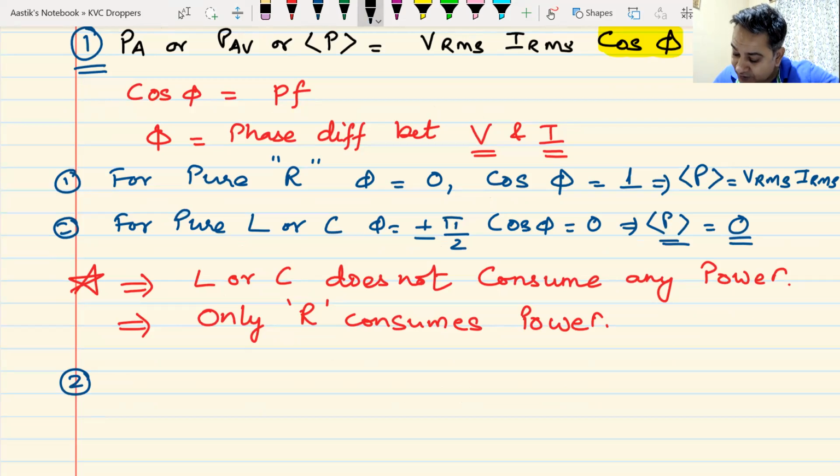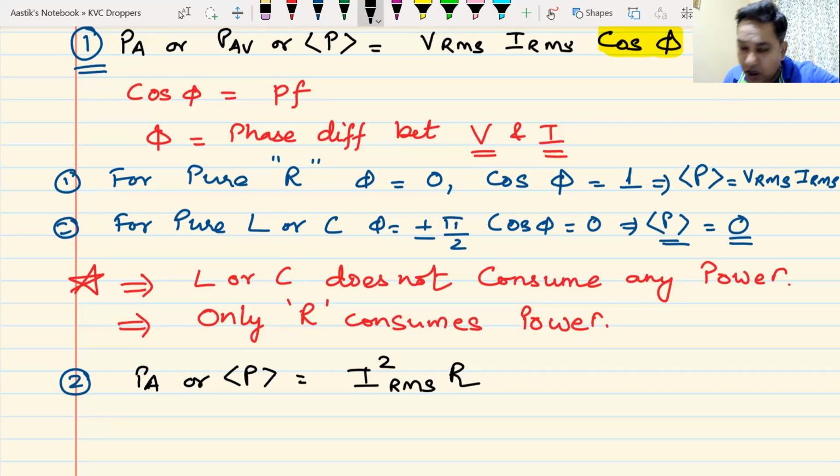And how will I write it? Power average, or P average, or PAV, is simply equal to I squared RMS multiplied by R. If there is no R, the power consumed is 0.